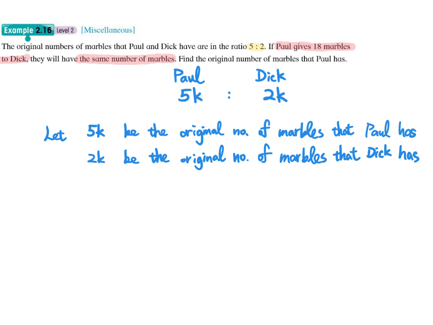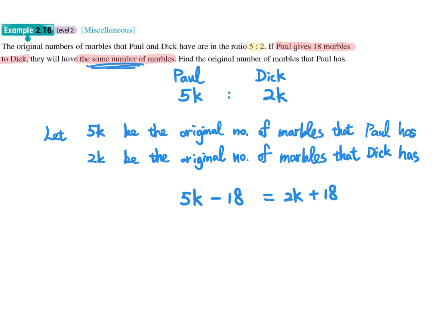When Paul gives 18 marbles to the other guy, his number of marbles is reduced by 18. At the same time, the other one has more marbles now, and we know that they are the same number.